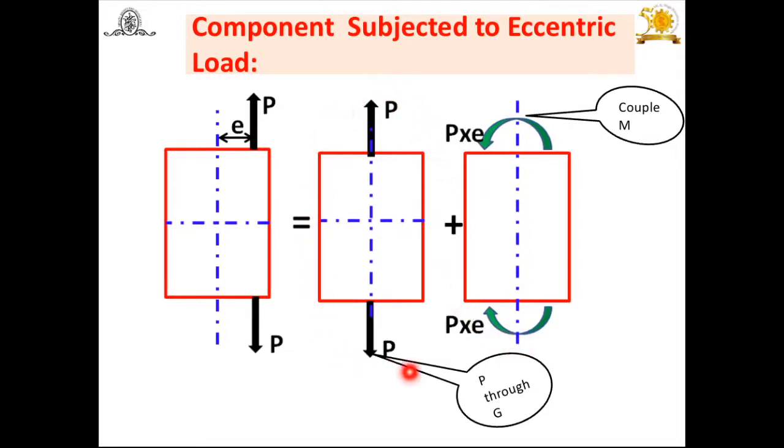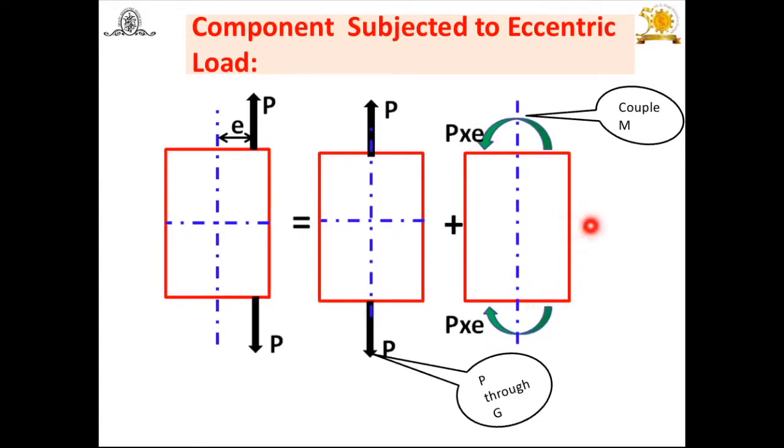Because of this force, direct tensile or compressive stress is induced, depending on the force. Here you will get P by area, that is sigma t, and because of this couple, stresses are again induced, which we have to determine. Since the couple is added along with the force, we have to superimpose these stresses: the direct stress plus the stresses induced because of the couple P into e.